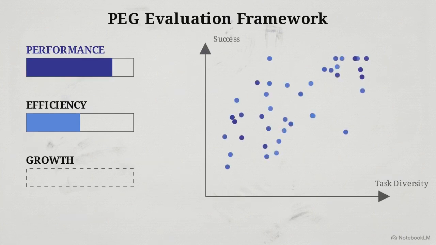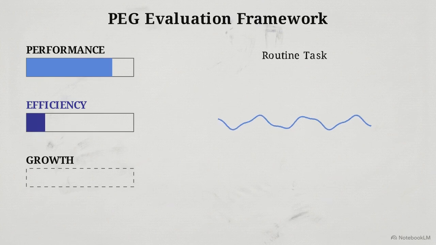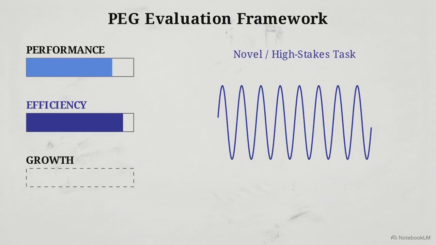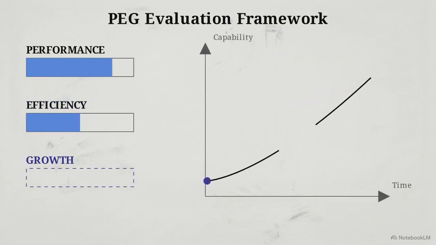Performance evaluates generalizable reasoning across untrained tasks, moving past narrow domain competence. Efficiency directly tests the configurator. It measures whether the system actually spends more compute on harder problems while reacting instantly to simple ones. Growth charts the learning curve, measuring the model's ability to self-direct exploration and practice in simulation over time.